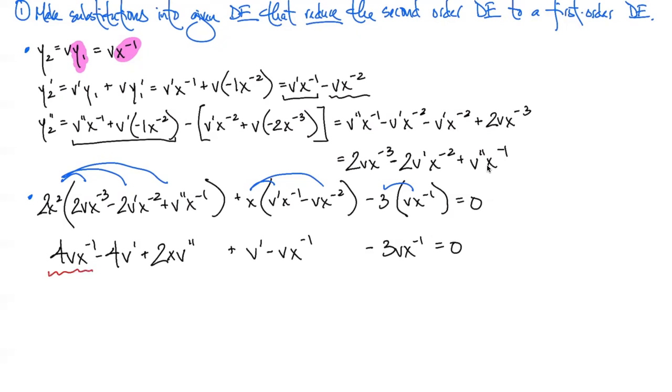I have 4 v x to the negative 1. And then I subtract 1, and then I subtract another 3 of them. How many do I have left?